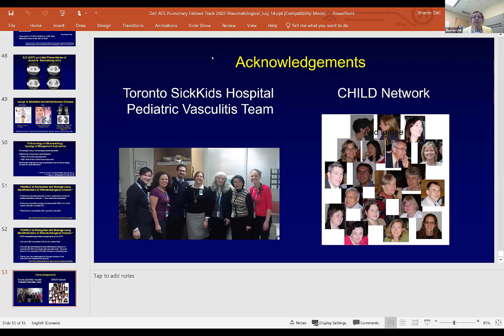How often should you do a CT? At my center, we do them every 2 years. We have a protocol where they're done at baseline, and then we repeat them after the induction phase, so it's 6 months, and after that, we do them every 2 years.